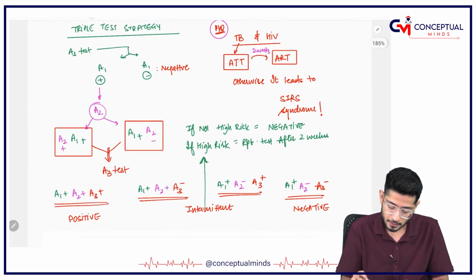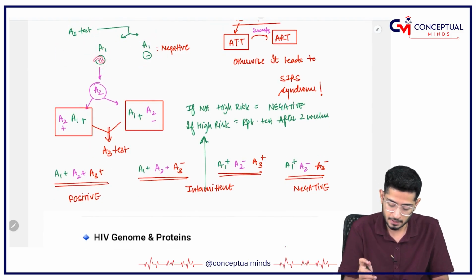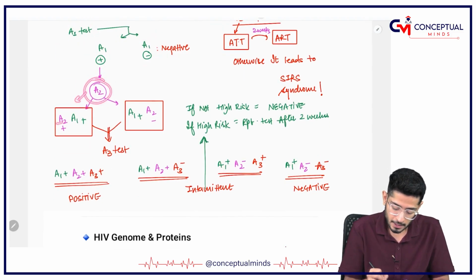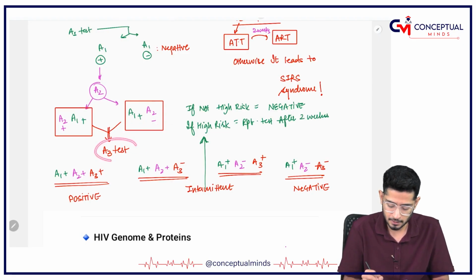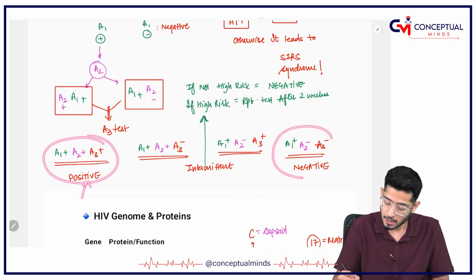So see here, the triple test strategy says you do a test for A1. If A1 is negative, then it is negative. If A1 is positive, you have to go for A2. If A2 is positive, and A1 is positive, in fact, even if A2 is negative, you have to do A3. If all 3 are positive, it is positive. If A2 and A3 are negative, it is negative.